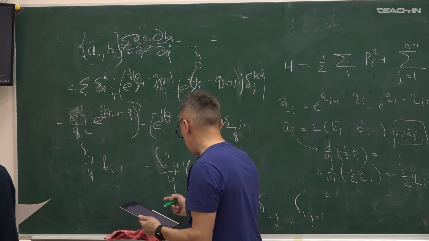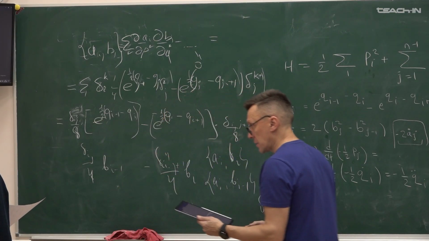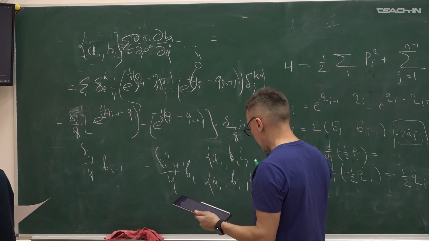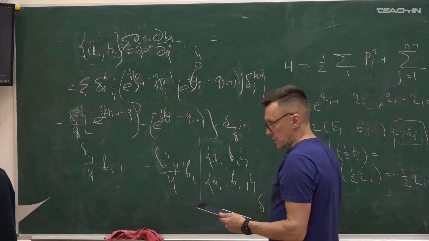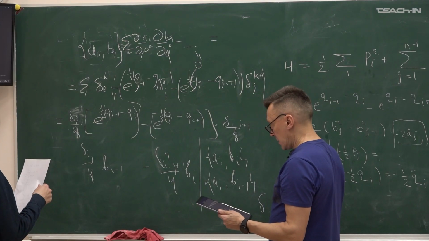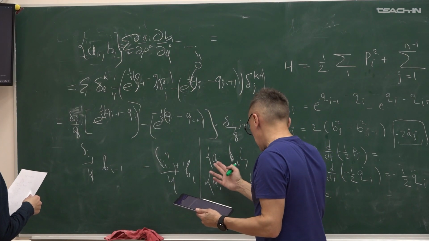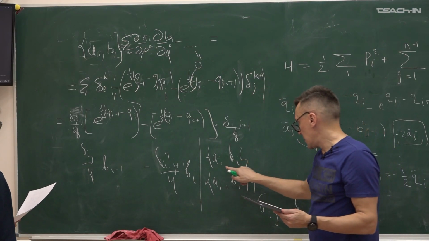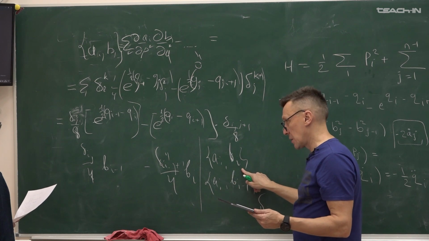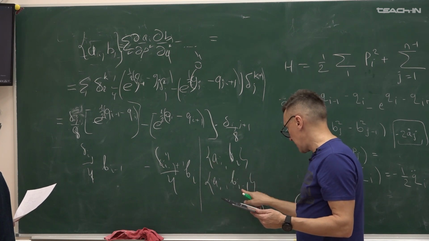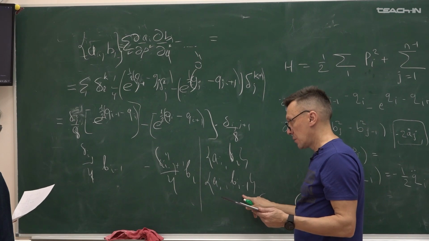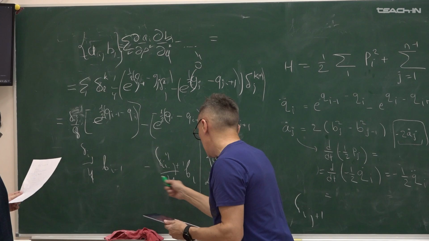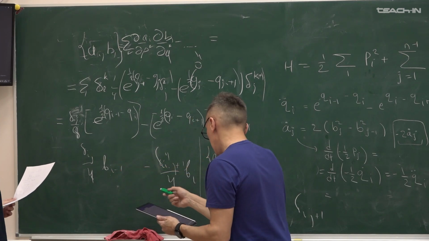If you get this expression, I agree, but you see it's a little bit more simple just to write non-trivial brackets. It means that you say that non-trivial brackets exist only between such coordinates AI and BI with the same indices, or with AI and BI minus 1. Okay, and in this case, is it this case or not?